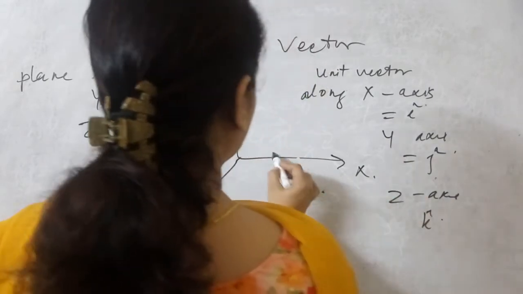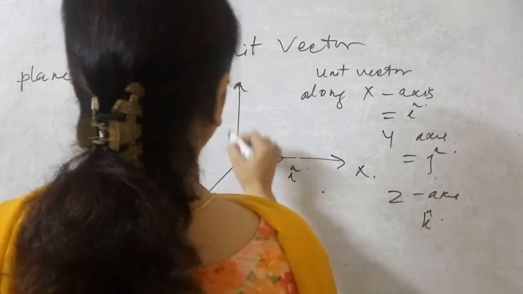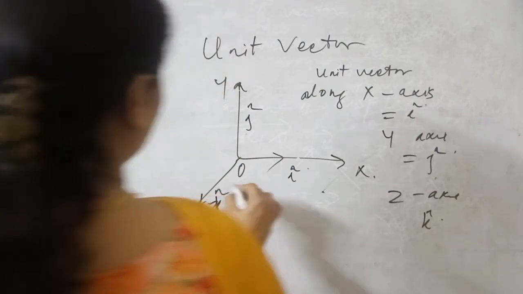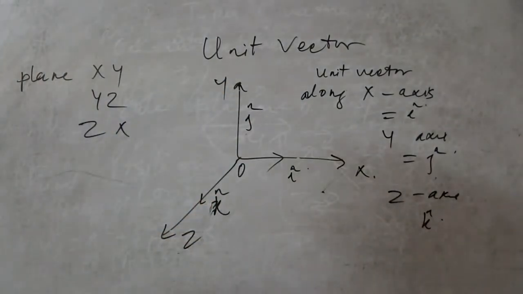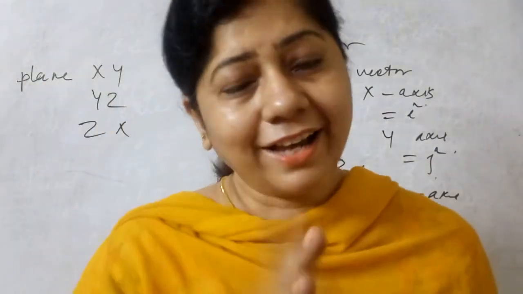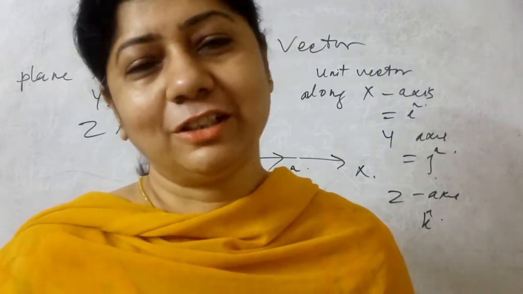So it simply means along x-axis, this is our origin, I will take it as i caret, this is j caret, and this is k caret. So this is how we represent the vector. Although i caret is having the magnitude as 1, j caret is also having the magnitude as 1, k caret is also having the magnitude as 1.